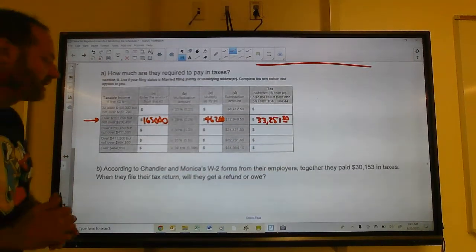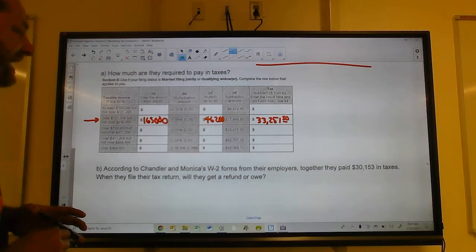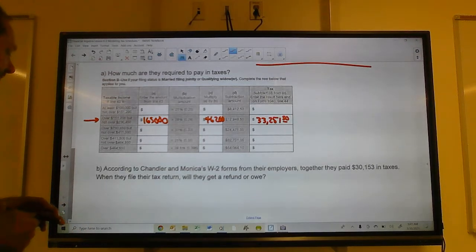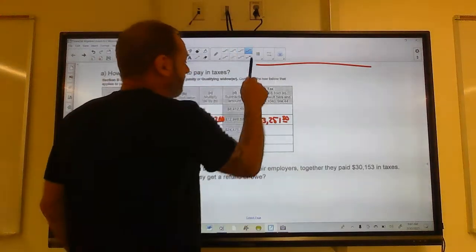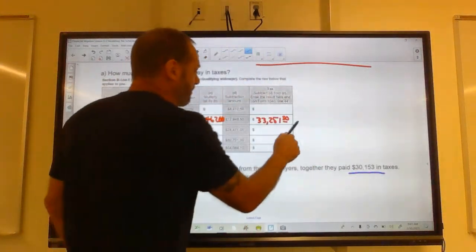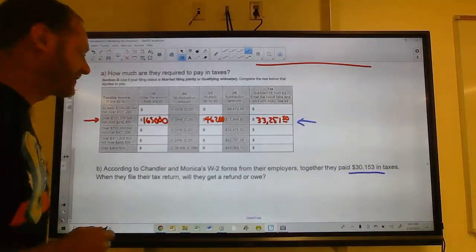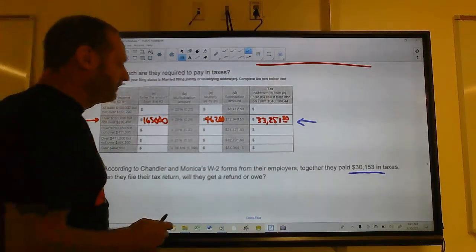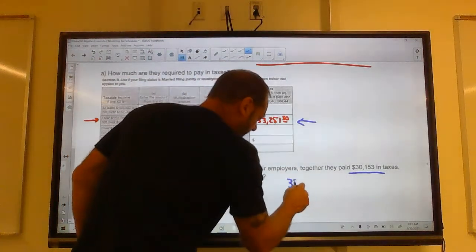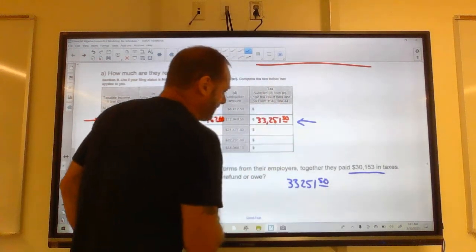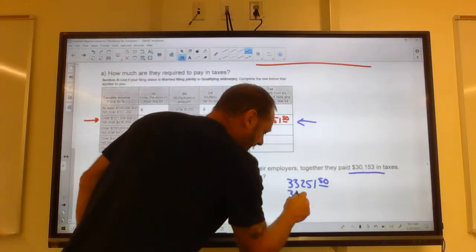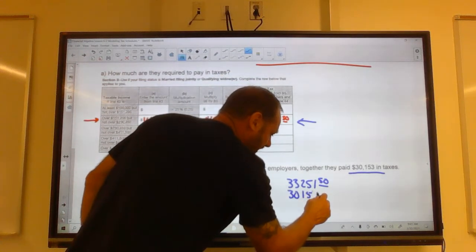According to Chandler and Monica's W-2 forms from their employers, together they paid $30,153 in taxes. When they file their tax return, will they get a refund or owe? Well, they're going to owe because they only paid this amount in taxes and they must pay that amount in taxes. We can figure out how much it's going to be by taking the amount of the tax and subtracting how much they did pay already.